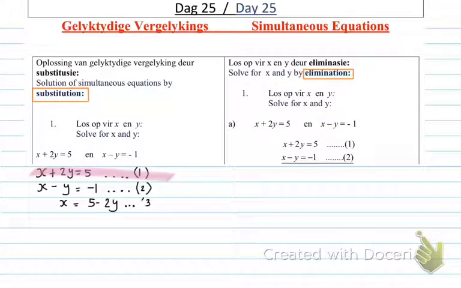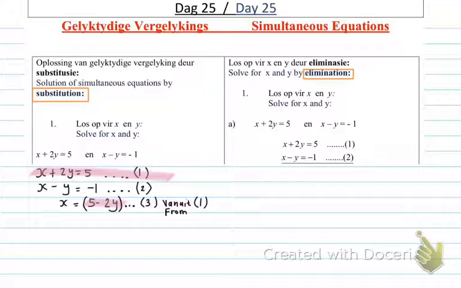I named that number 3, from 1. That means everywhere I see x, I can substitute 5 minus 2y, because x is equal to 5 minus 2y.